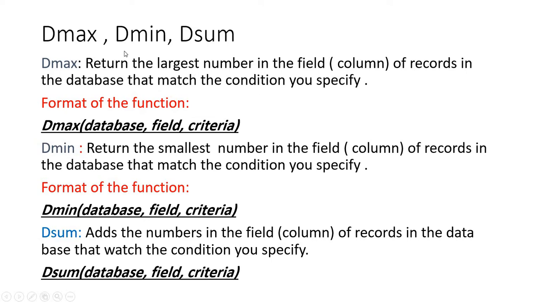DMIN is used to find the minimum value in the field of your database, depending on the condition that you specify. DSUM is used to add the numbers in the field of your database, depending on a condition that you specify.